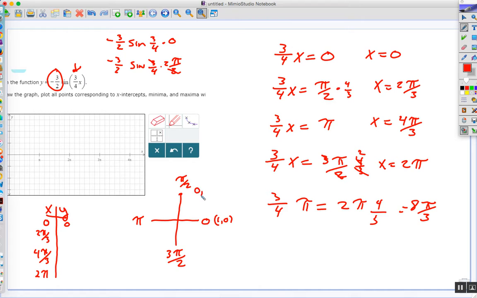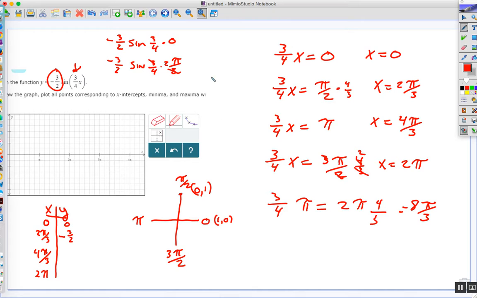So sine of pi over 2 is 1. 1 times -3/2 is -3/2. So you've seen now why we very intentionally chose these values of x, because we knew that when we plugged them back in, we were going to end up with our main quadrant points, which makes evaluating this a lot easier.